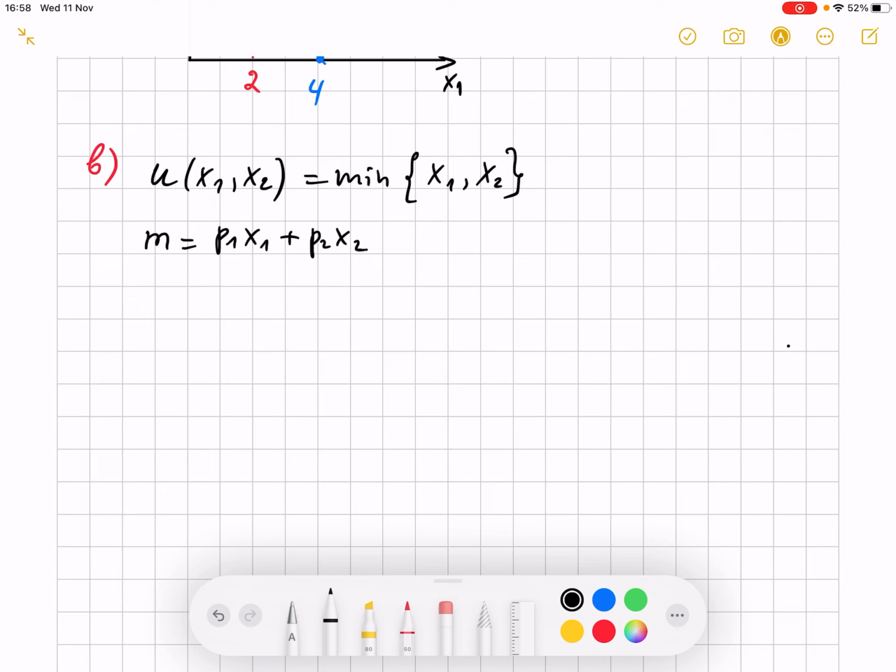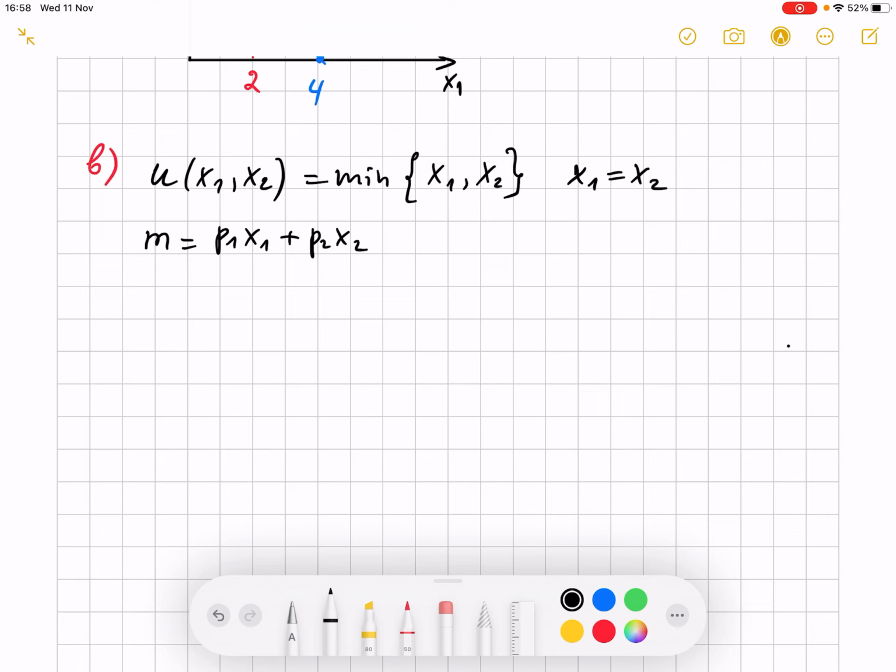But here, because we have complements, the Lagrangian is not going to work if you want to maximize the utility. But actually, you know how to maximize utility. What is going to be the optimal choice of the individual? It will be such a choice where x1 always equals x2.